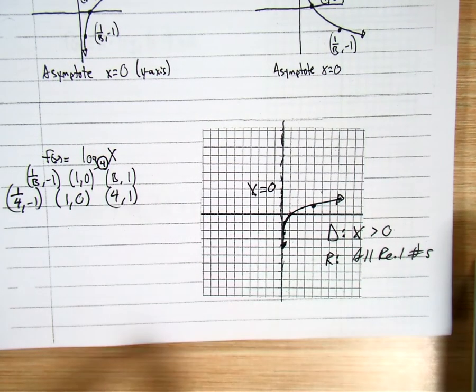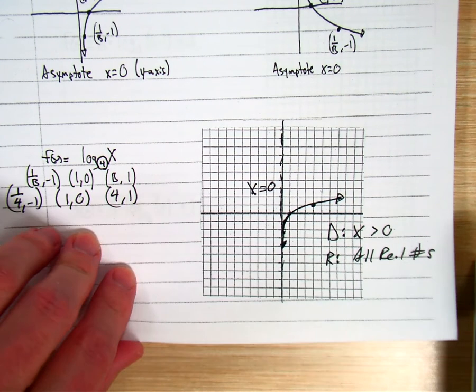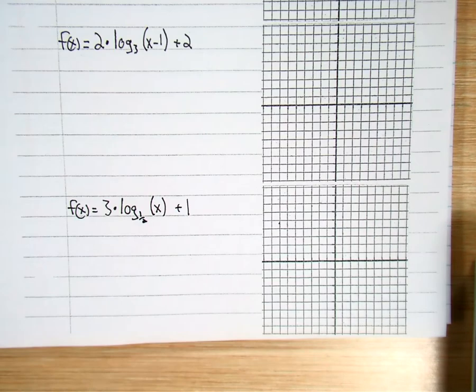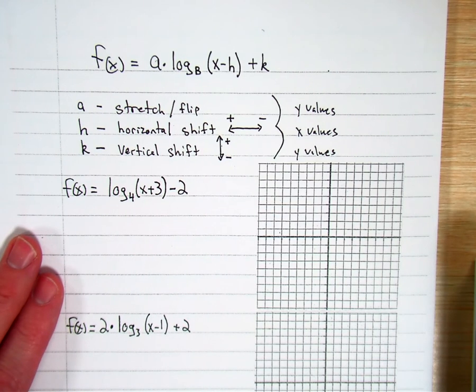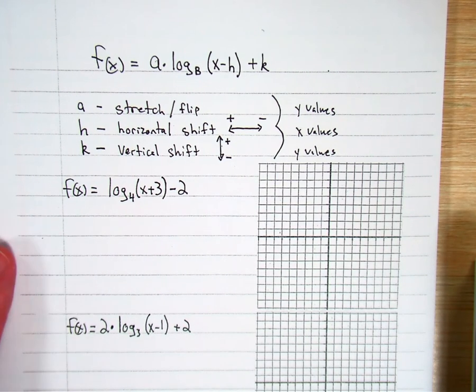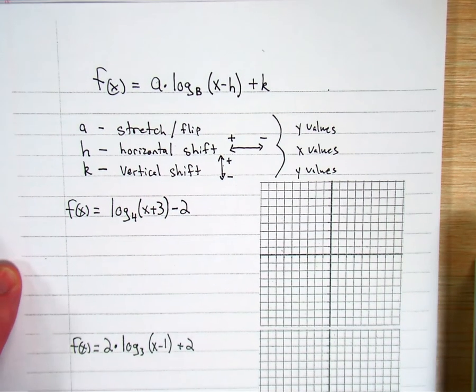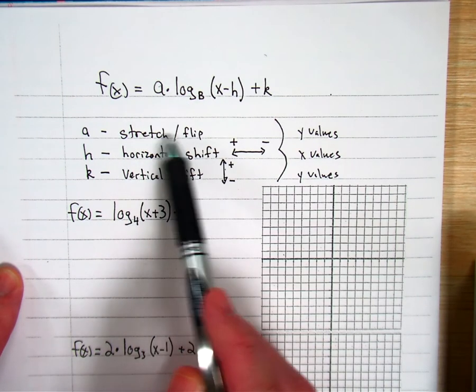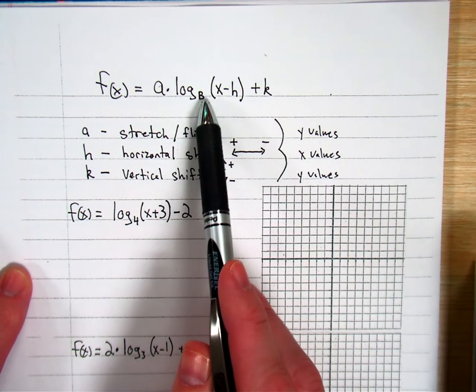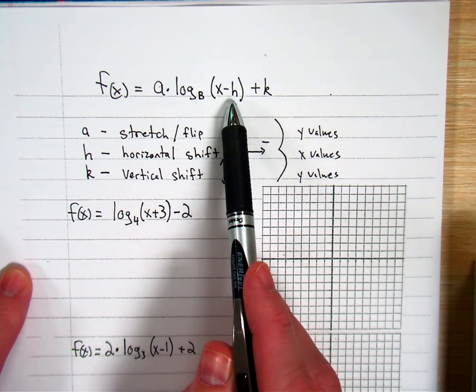All right, there's our basic, nothing going on, just log base 4 of x. No left, right, no up, down, no nothing. But of course, we do have those still. So we still have all the good stuff there. Vertical multiplier in the front, it's going to stretch it out or flip it if it's negative.